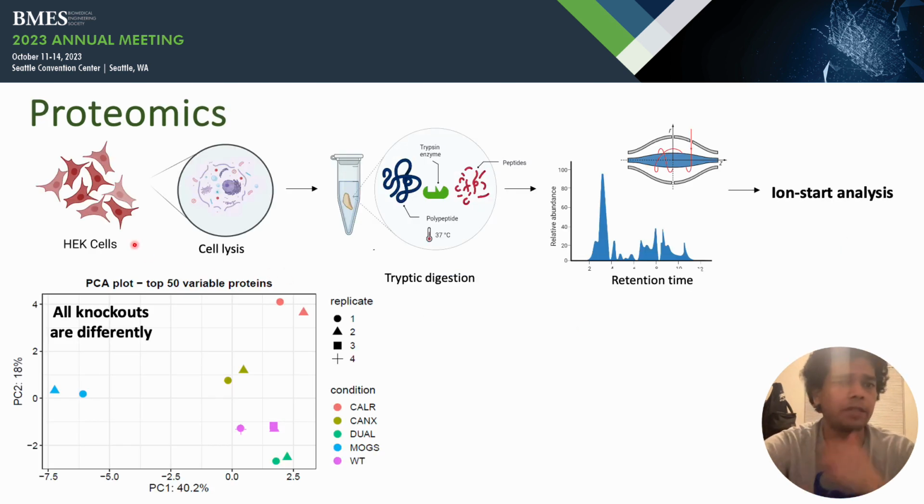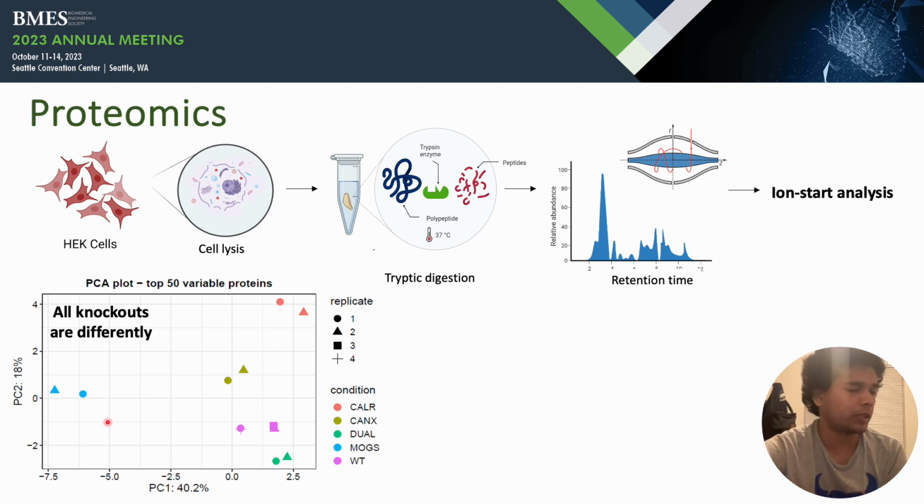So first we did the proteomics analysis. In this, what we did is that we take the HEK cells, we lyse the cells and did the trypsin digestion, and then check them using mass spectrometry, and then analyze the data using Ion Star. And these are the PCA plots of the top 50 variants, and this PCA plot indicates that all knockouts behave differently.